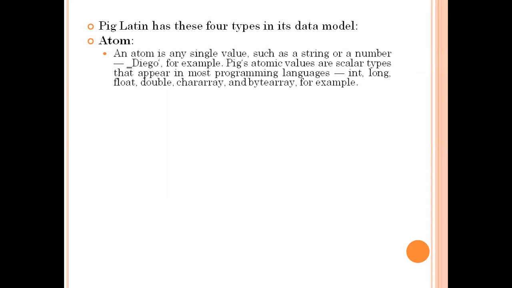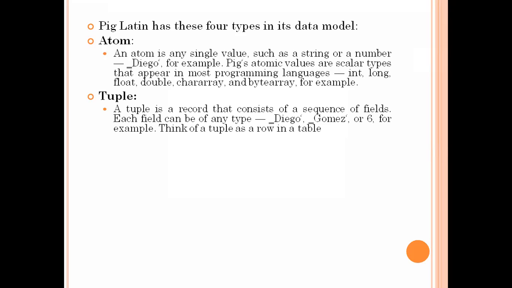That type is known as a scalar type, which appears in most programming languages: int, long, double, float, chararray, bytearray. So a single field is known as a scalar type, and all the remaining ones are known as complex types.